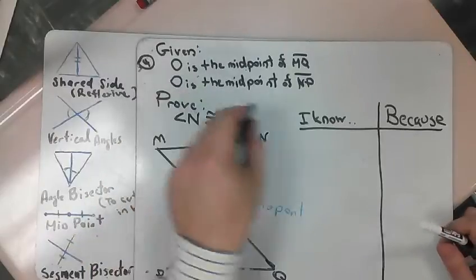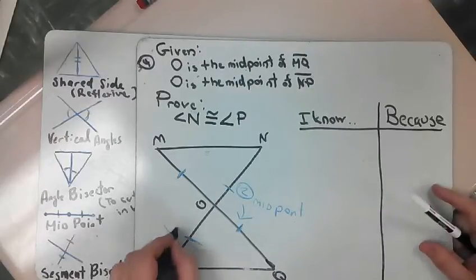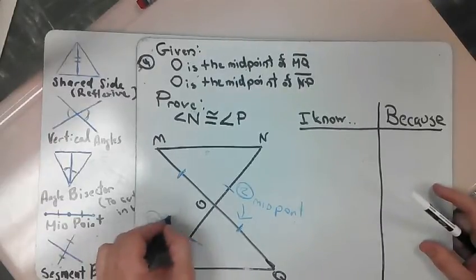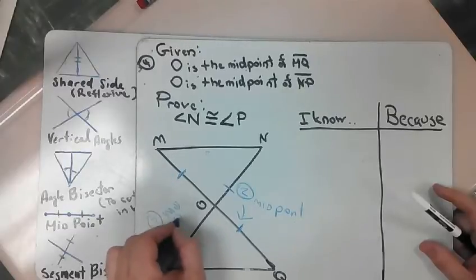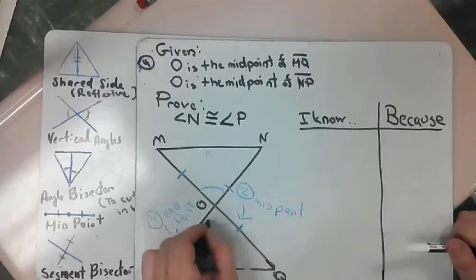Now O is also the midpoint of NP. That means NO and PO are congruent. That's also because of midpoint. Next, I also have the vertical angles here.